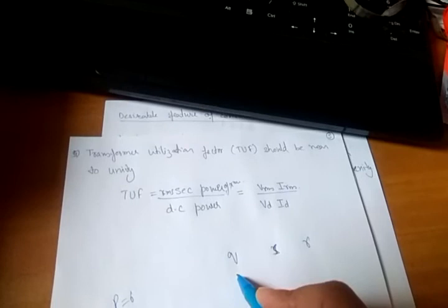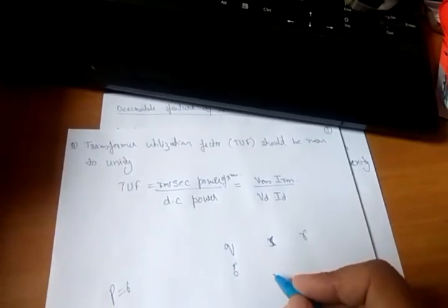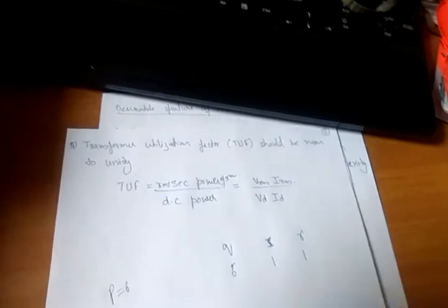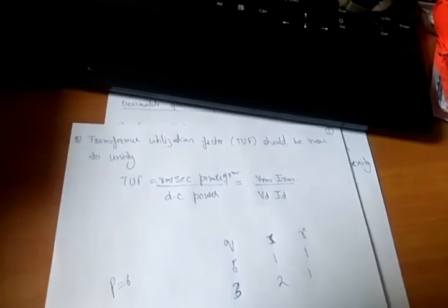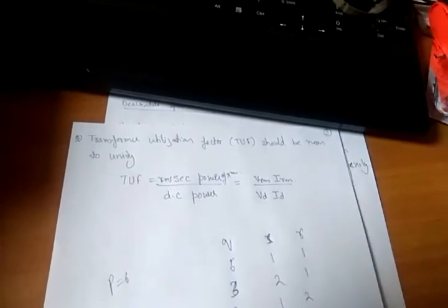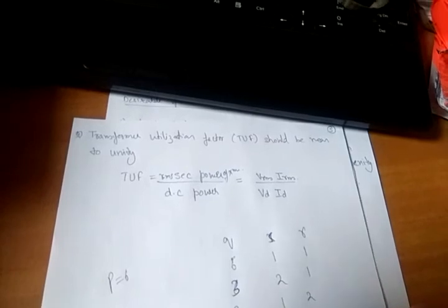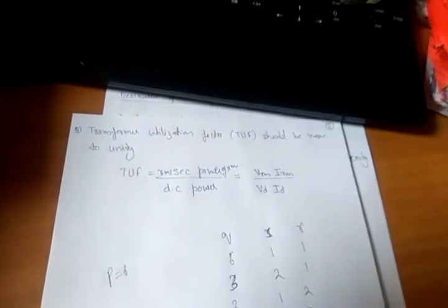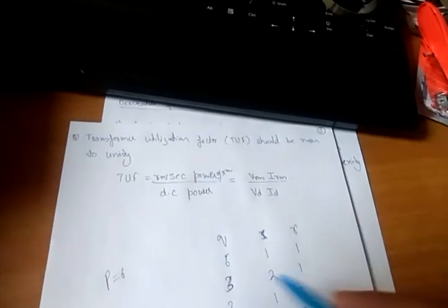One possibility is that you can have Q equal to 6. But is it possible? It is not possible, but still we can say that it is one possibility. Then we can have 3, 2, 1, 3, 1, 2, 2, 1, 3.